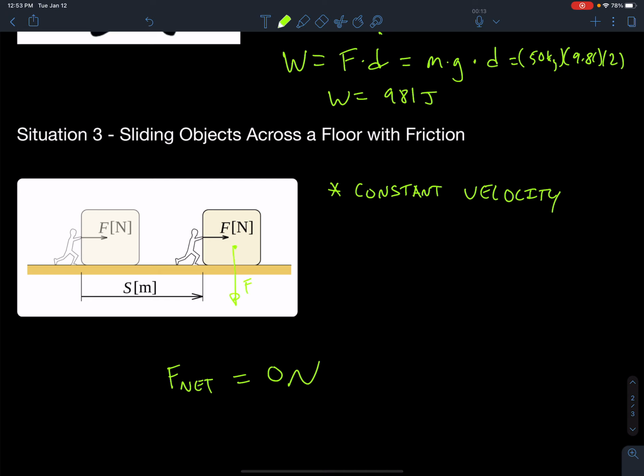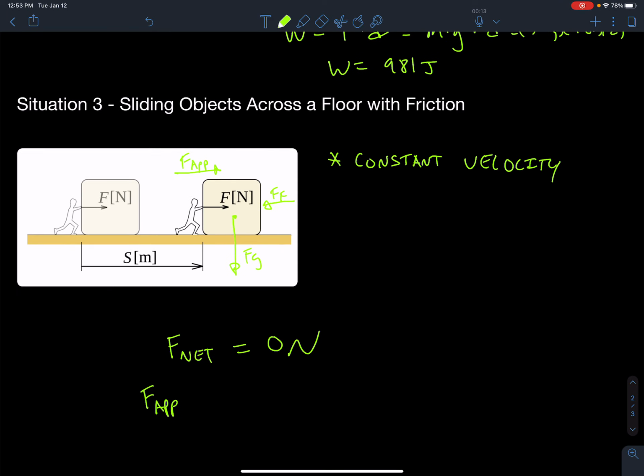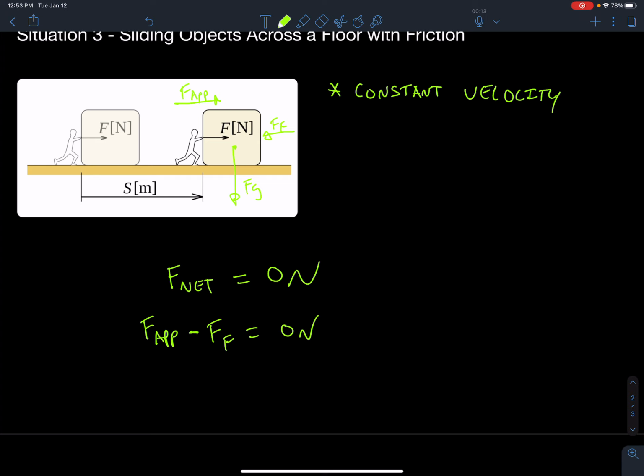I have the force of gravity, the applied force, and an equal and opposite force of friction. For that to be a net of 0, my applied force minus the force of friction is equal to 0 newtons. So then your applied force is equal to your force of friction.